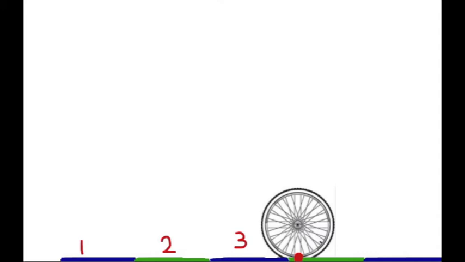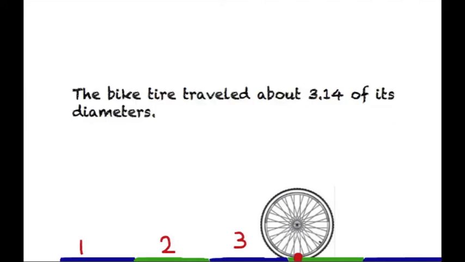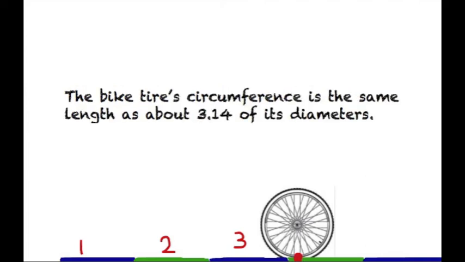But wait, it looks like there's a little bit more than 3. How much more? Well, to be exact, about 14% of its fourth diameter, or 0.14. Therefore, we can say that the bike tire traveled about 3.14 of its diameters, or the bike tire circumference is the same length as about 3.14 of its diameters.